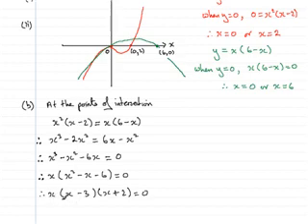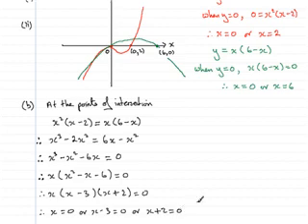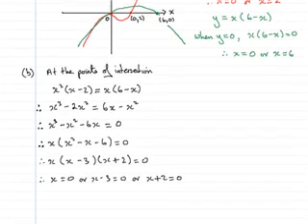Next, if we've got a product of factors equaling 0, then any one of these factors could equal 0. So that would lead us to say that x could equal 0, or x minus 3 could equal 0, or the other factor x plus 2 could equal 0.